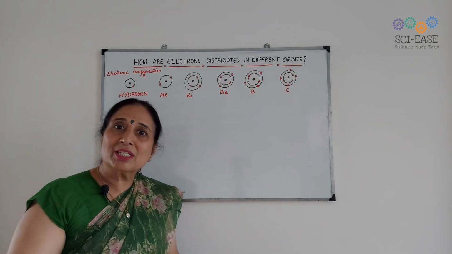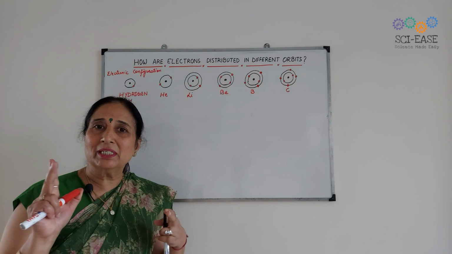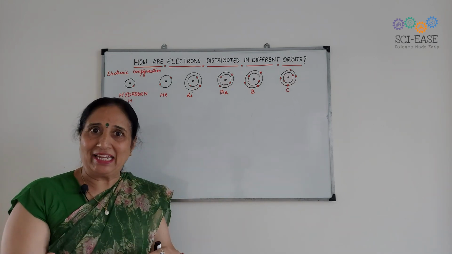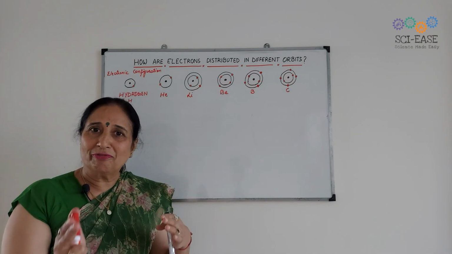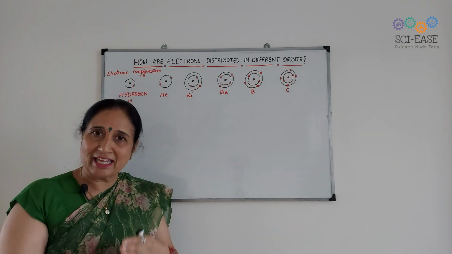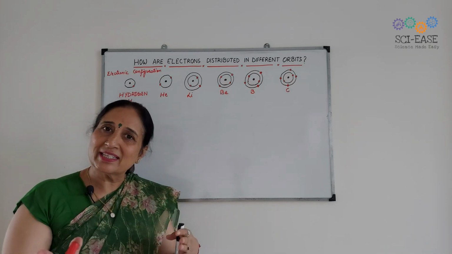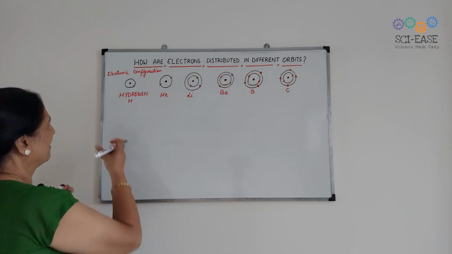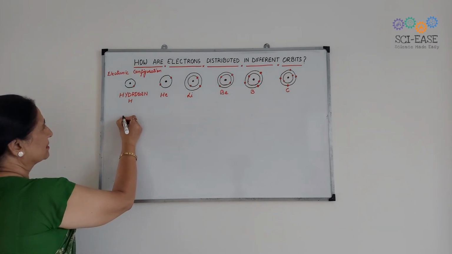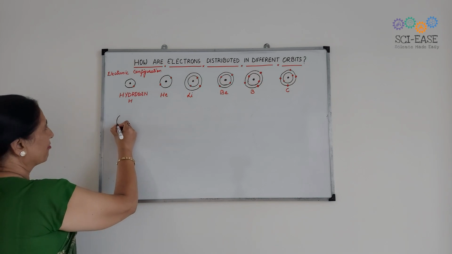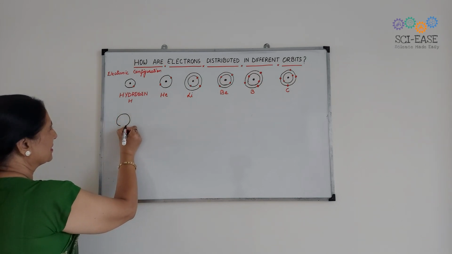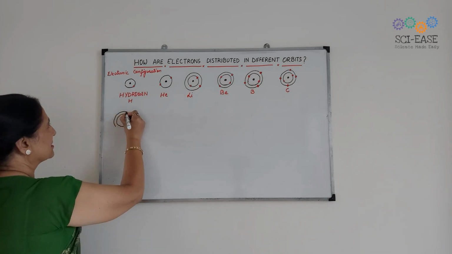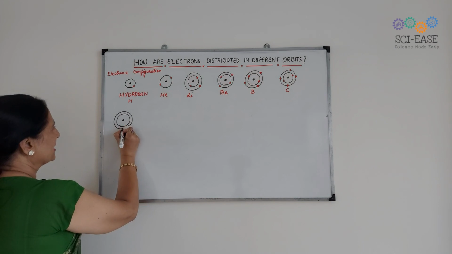Okay. Then comes nitrogen with atomic number 7. This means the electronic configuration is 2, 5. Number of electrons 7, number of protons 7. So next, draw. This is the nucleus, this is the first shell, and this is the second shell.